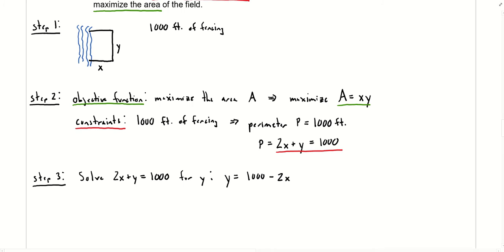Now, why am I doing that? Well, if I consider this quantity, now I have y in terms of x. And so what I can do with this is substitute this into my objective function for my y, so that the entire objective function is just in terms of x. So this is also part of step 3.